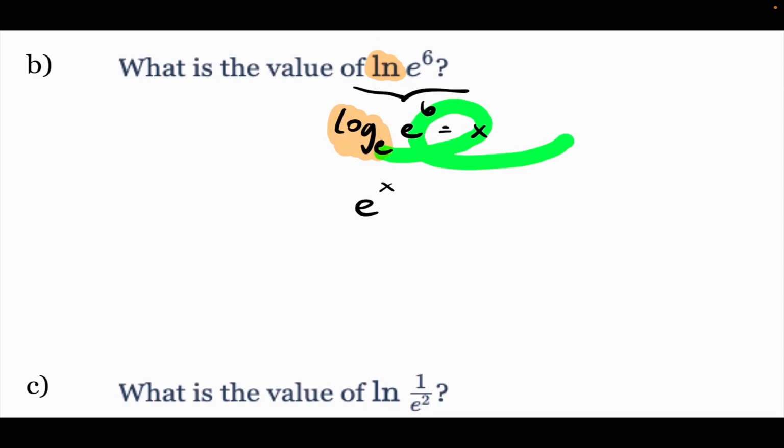E to the x power equals the answer part, which is e to the 6th power. What is the missing power? 6. So the missing power has to be 6 for them to be equal. It's exactly the same as you guys have been doing. The only difference is the natural log part. Change it to a log with a base of e.